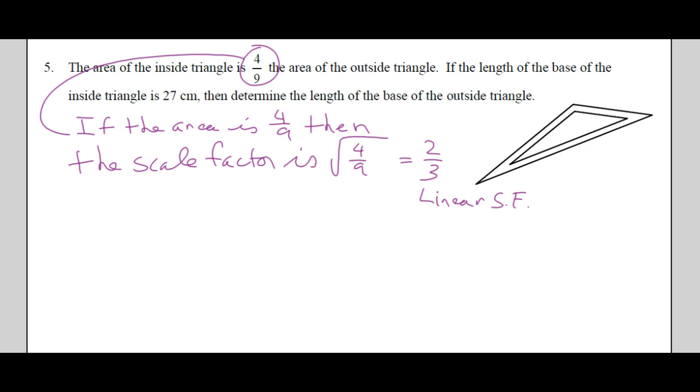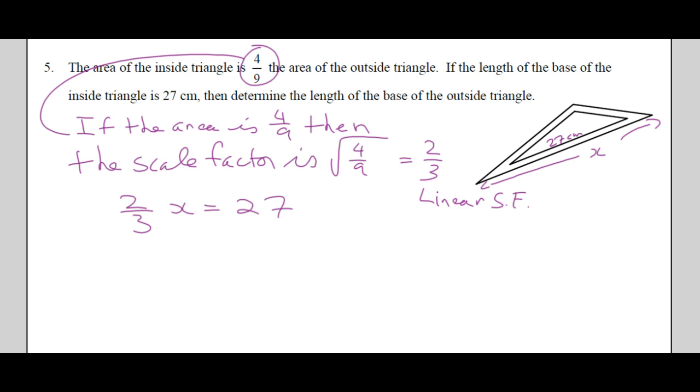So if the base of the inside triangle is 27 centimeters, then it's 2/3 of the base, right? Because we're dealing with the inside triangle. So this is 27 centimeters, and we know that that's 2/3 of this length, right? So we can say 2/3 of x is equal to 27, right?